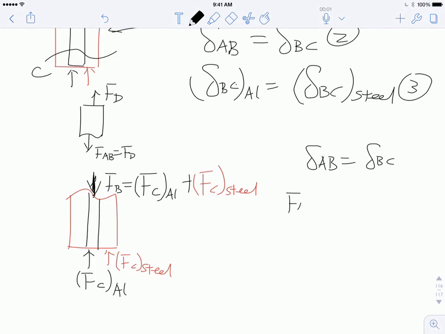So F_AB, L_AB, A_AB, E_AB, and for BC, that's from point B to point C. So therefore, F_BC, L_BC, then A_BC, E_BC. Okay, so that is my answer right there, right?